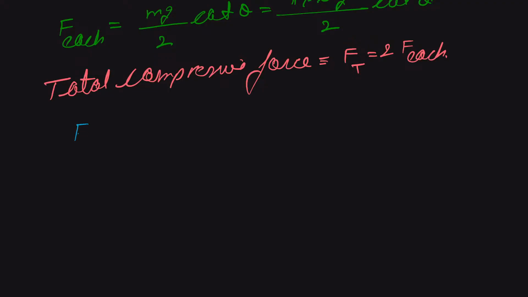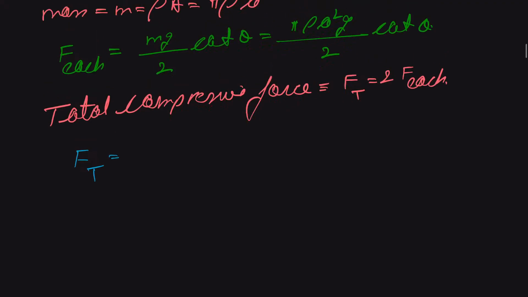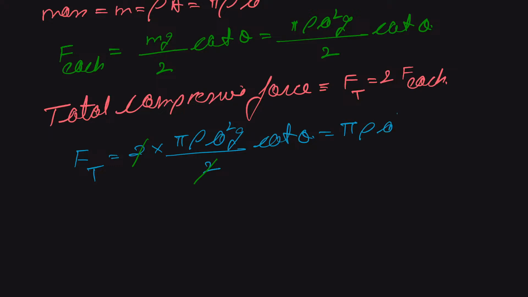Therefore, we can say that our Ft will be equal to 2 multiplied by pi rho A square g upon 2 cot of theta. And this 2 and 2 cancels out. So this comes as equal to pi rho A square g cot of theta.